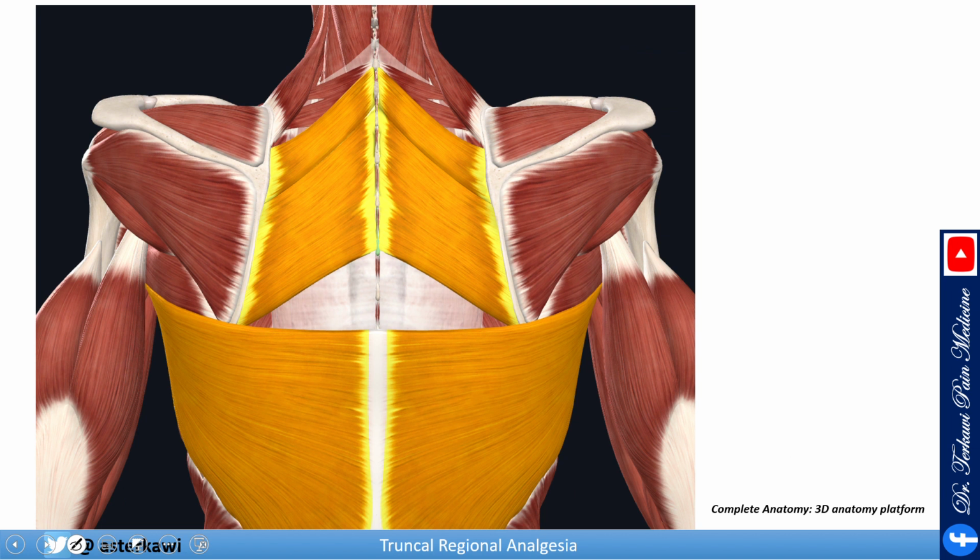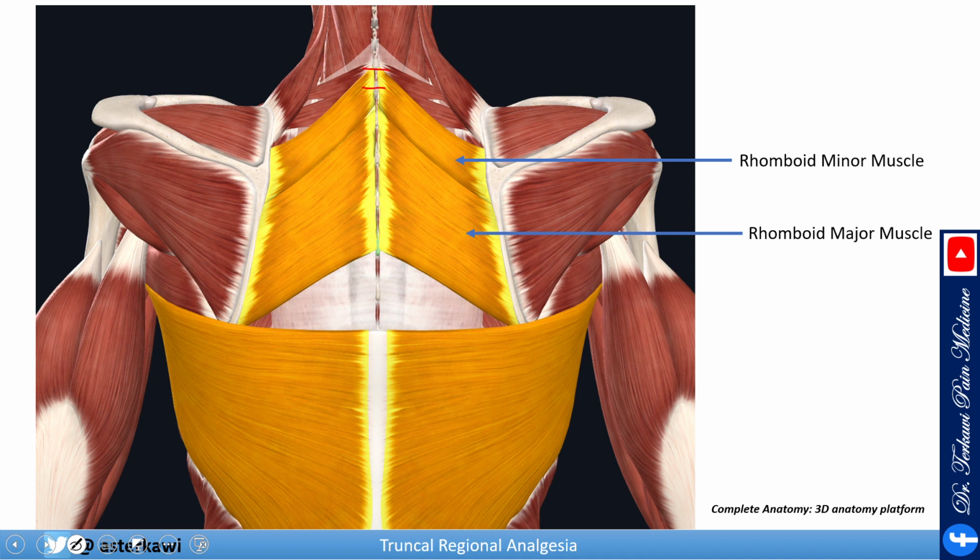Now, adding another layer here, even more relevant for regional blocks and interfascial plane blocks, the rhomboid major and minor. The rhomboid minor originates from the inferior part of the nuchal ligament and spinous processes of C7 and T1.